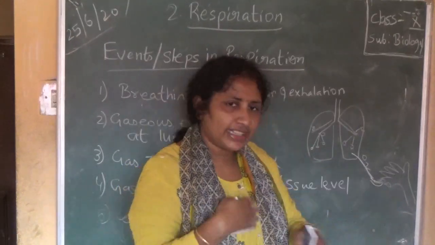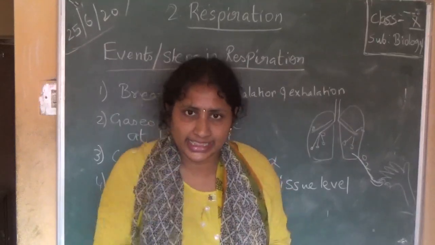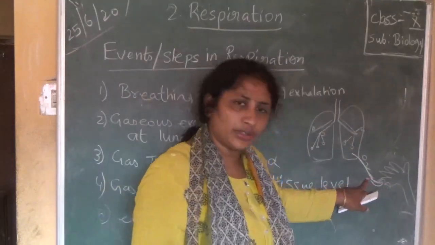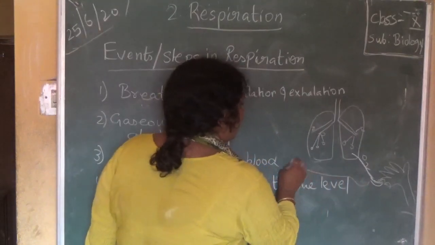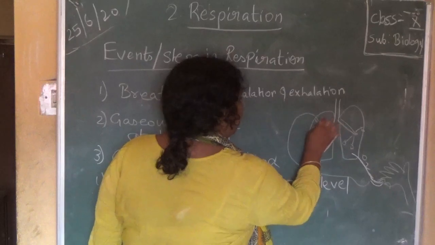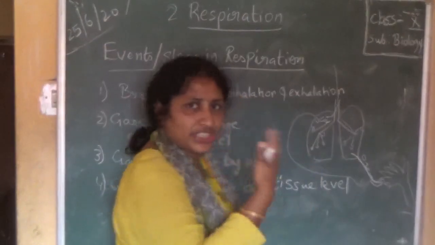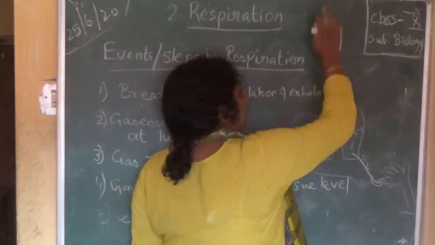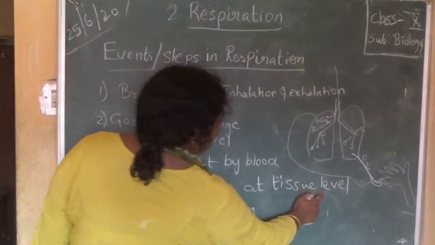Okay, they will take the oxygen, and whatever the carbon dioxide present in them, they will give that to blood. Then again the blood will carry that carbon dioxide and give it to the lungs. Now from lungs by exhalation process we will exhale it to the atmosphere. That is gases exchange at tissue level.